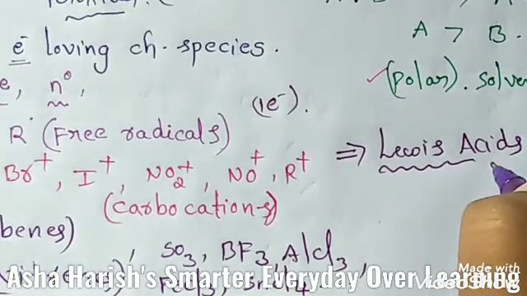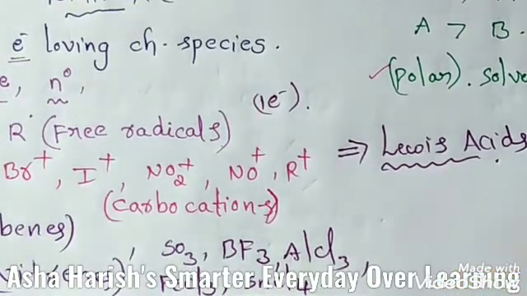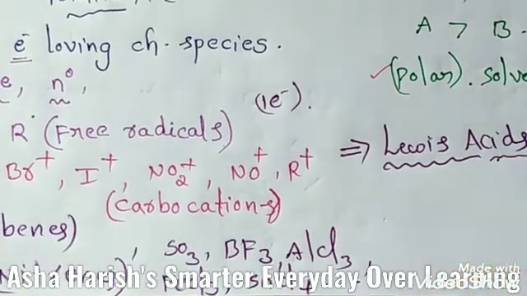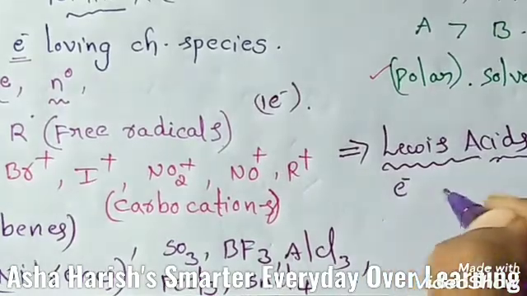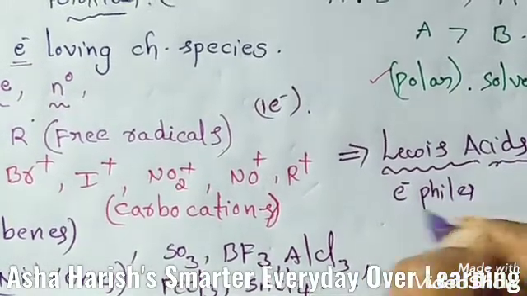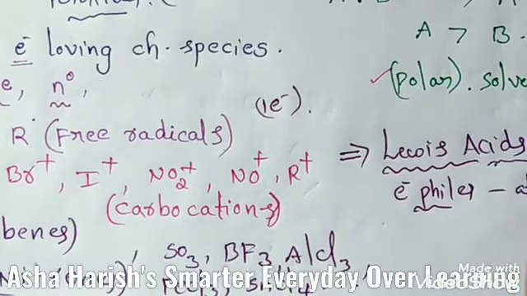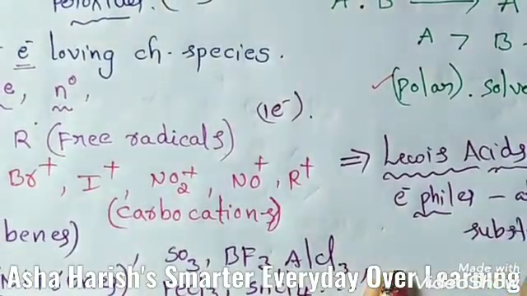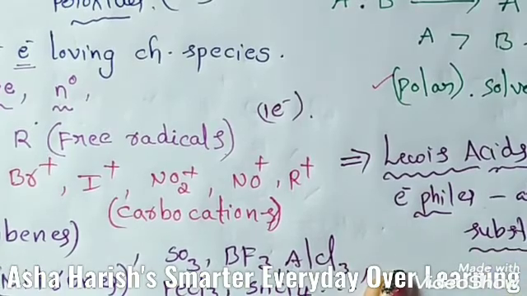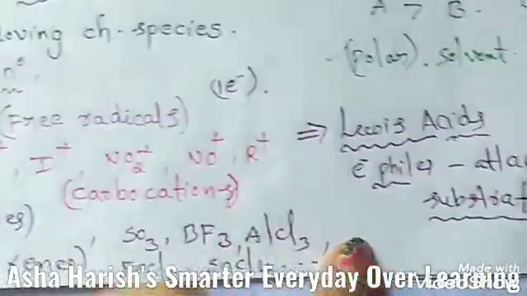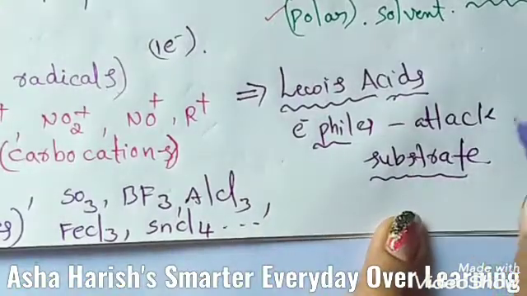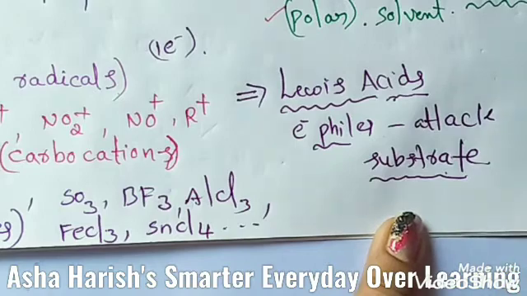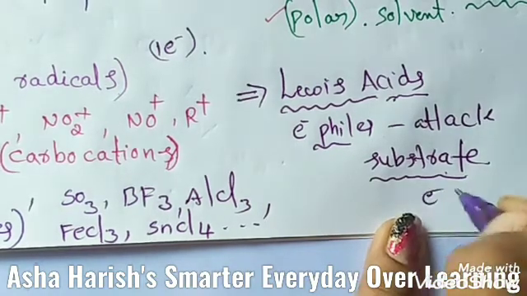Electrophiles always attack the substrate molecule at the site of highest electron density. You have to remember this point. Substrate, you know very well, is just like reactants: the organic molecule which is going to participate in the chemical reaction. So electrophiles always attack the substrate molecule at the site of highest electron density.